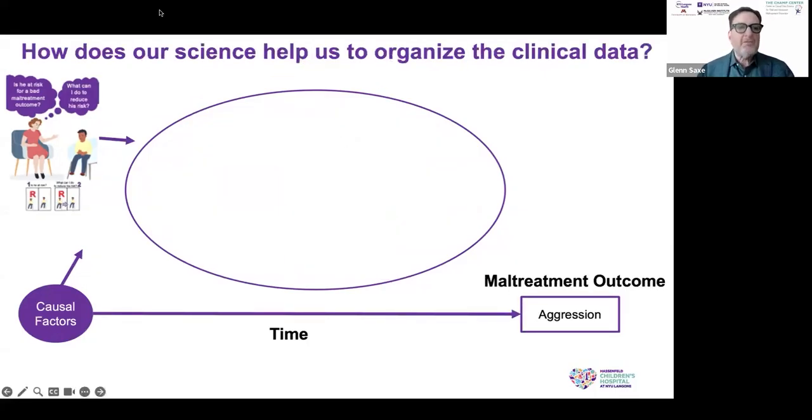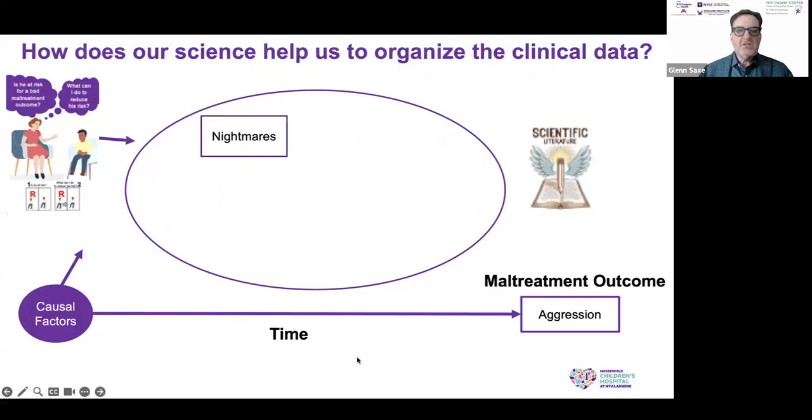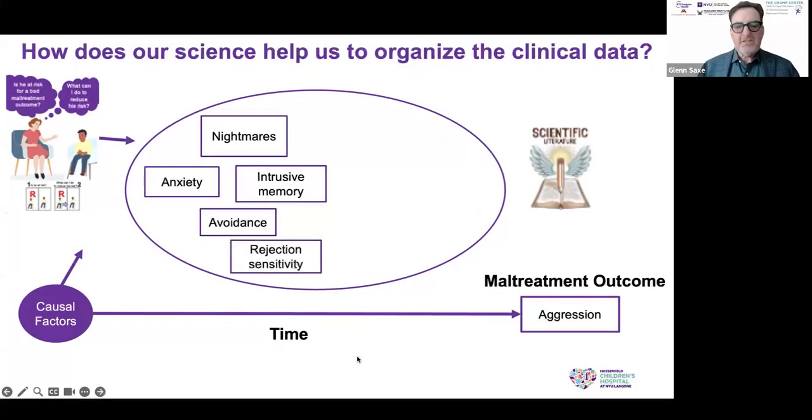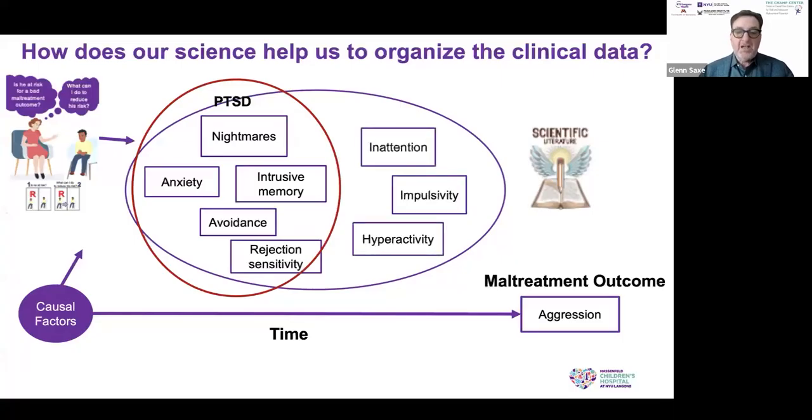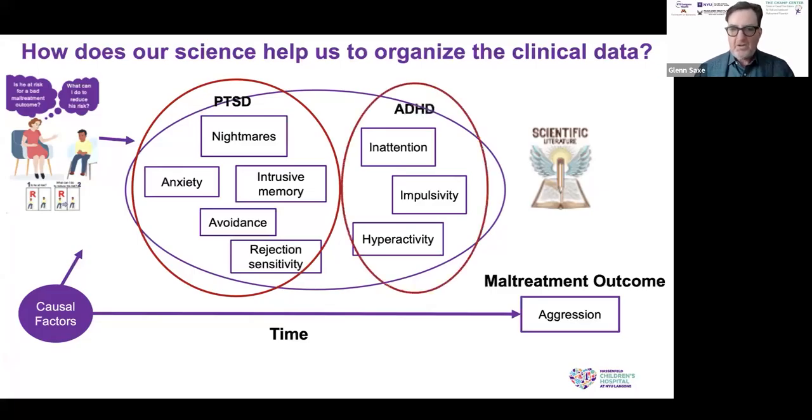And how does our science help us organize this? We might see that some of these fit together under a diagnosis of PTSD, as was just stated before. We also might see that other symptoms fit together: the triad of inattention, impulsivity, and hyperactivity is part of a diagnosis of ADHD.